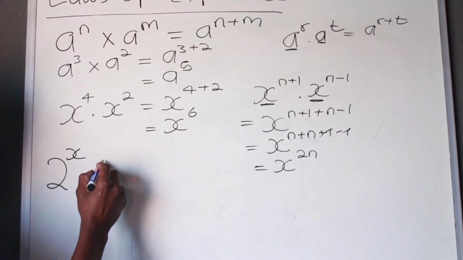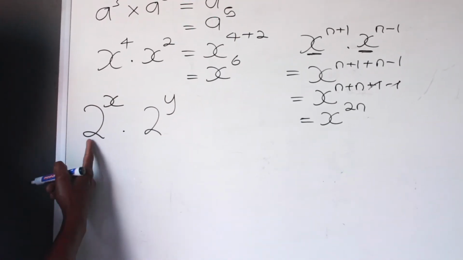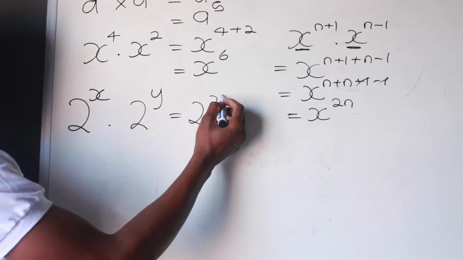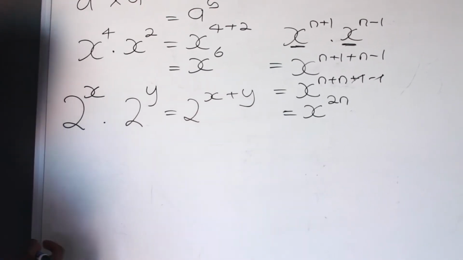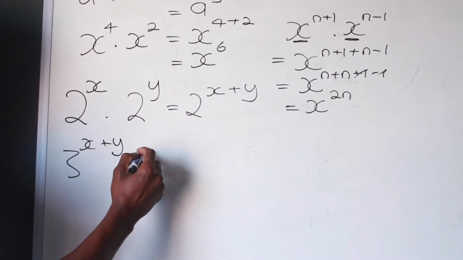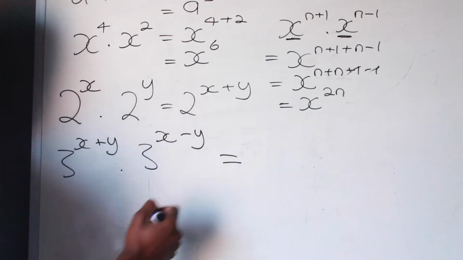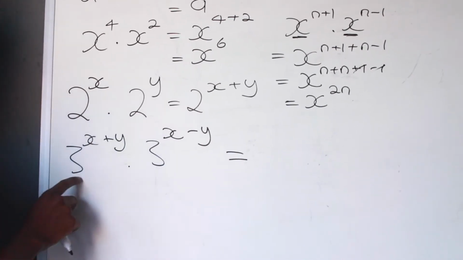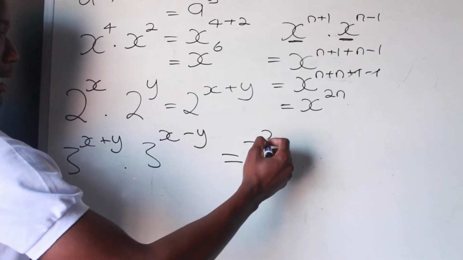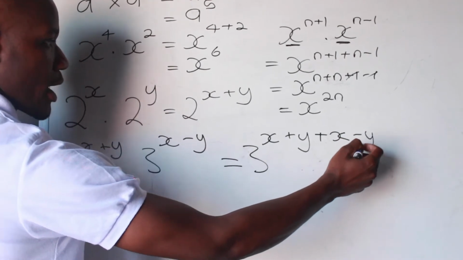2^x multiplied by 2^y. When we multiply the same base, we add exponents, so it is 2^(x+y). So 3^(x+y) multiplied by 3^(x-y) is equal to, when we multiply the same base, we add exponents, 3 to the power x plus y plus x minus y.